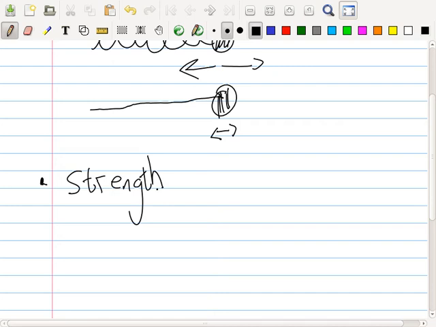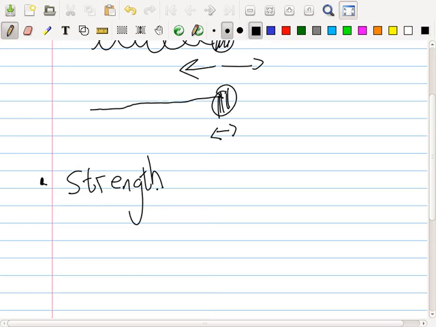Now, in physics, if you say something is strong, it means it's very difficult to break. So, for example, with my rope, would you say this is strong? Yeah, I think it's pretty strong. But what about something that wouldn't be strong, like maybe the tissue?